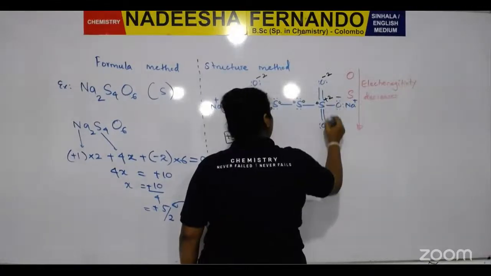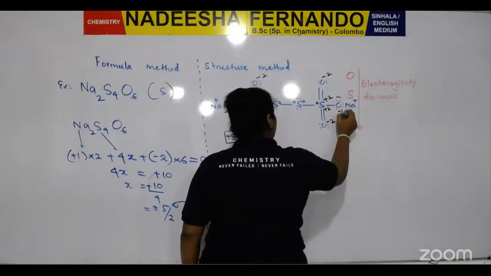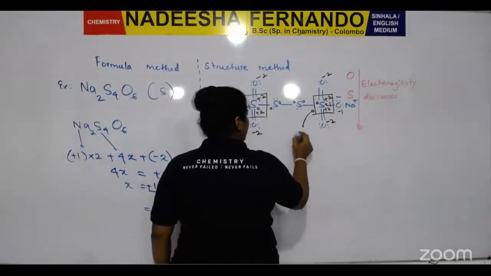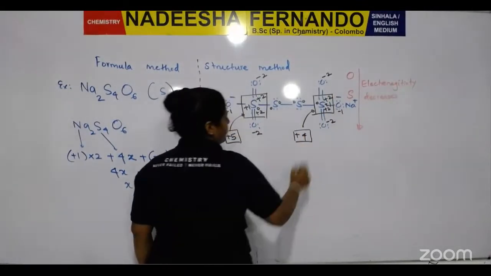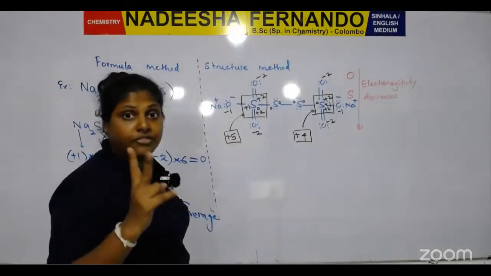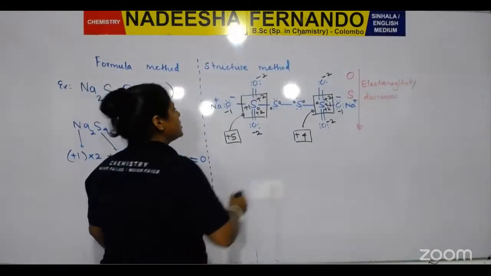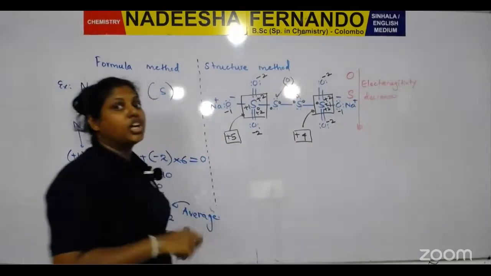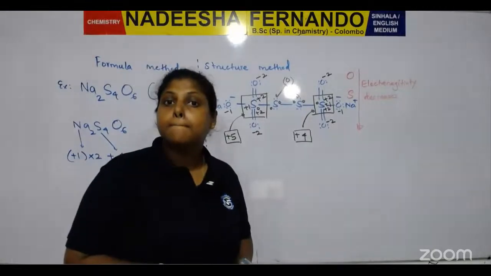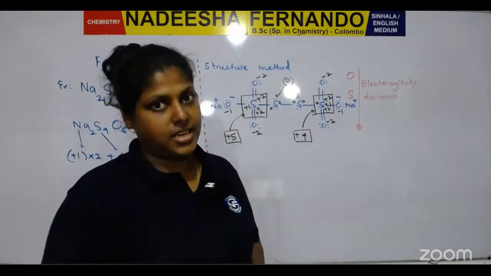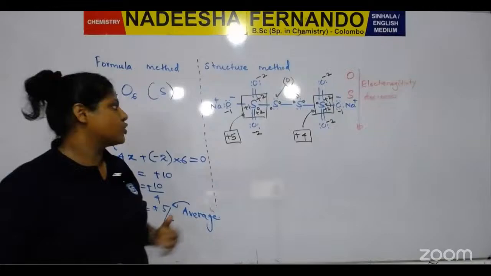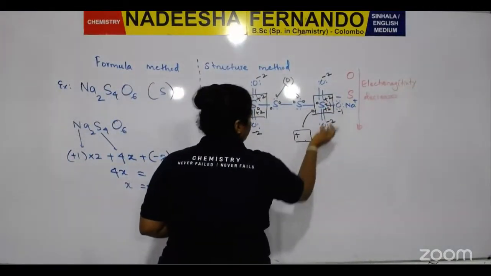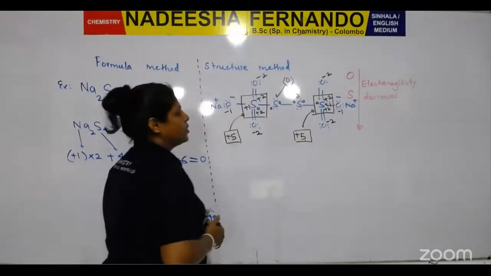Minus 2 plus 2, minus 2 plus 2, minus 1 plus 1, here plus 1. So now you can see there are 2 sulfur atoms with 0 oxidation state, and there are 2 sulfur atoms with plus 5 oxidation state.